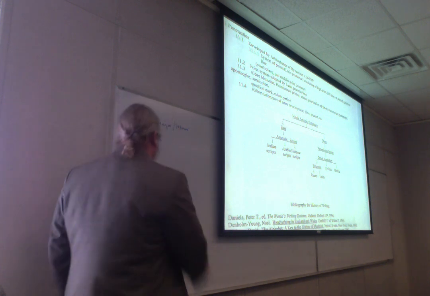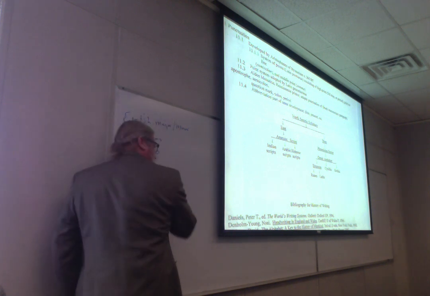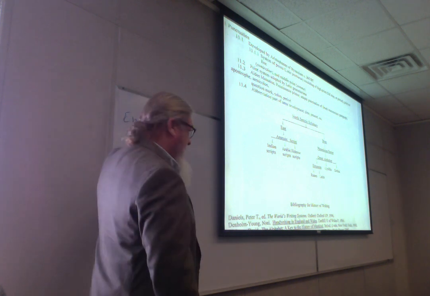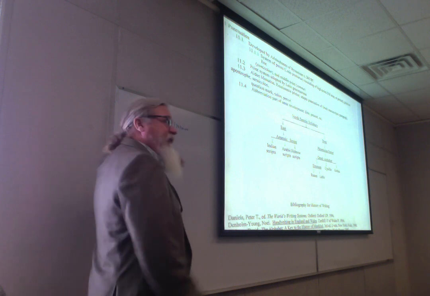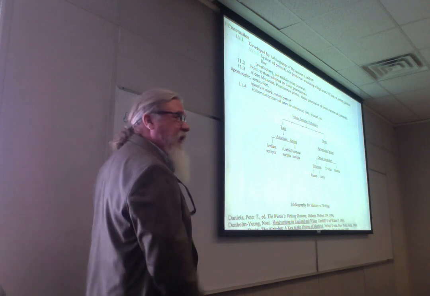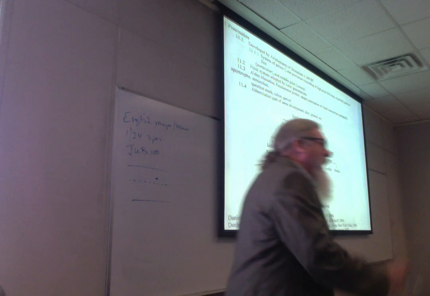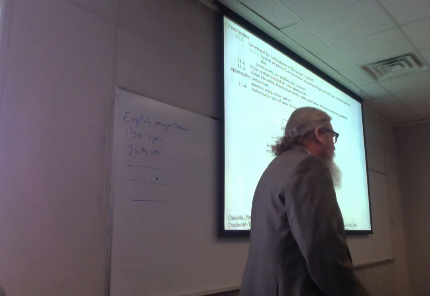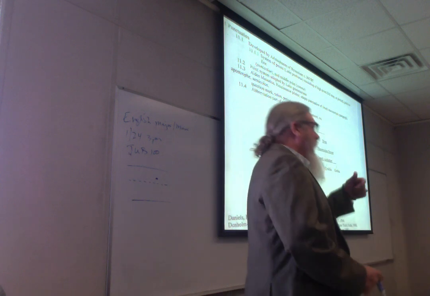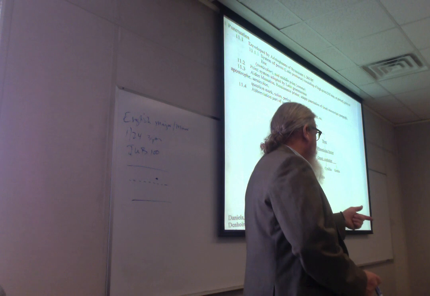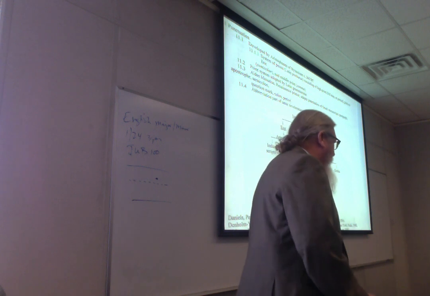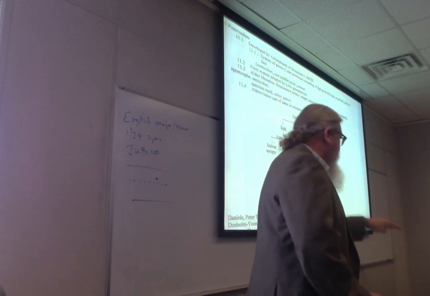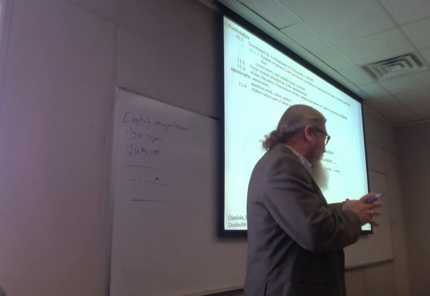A high point is a point, literally a dot, on the upper half of a line of text. That means stop. Take a breath and go on. Why? Because you're going to start delivering another part of an oration. Okay?